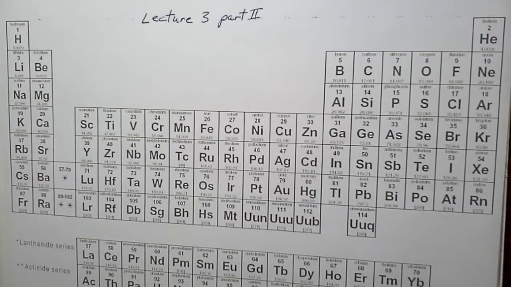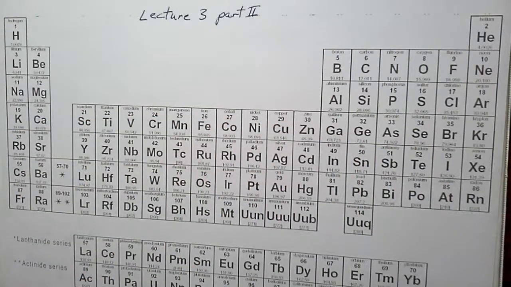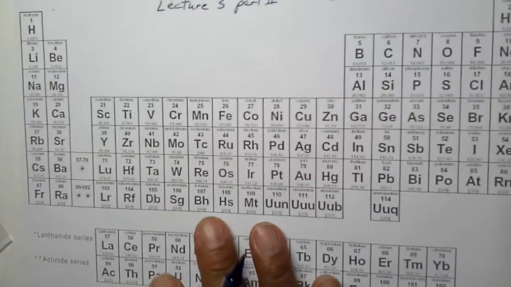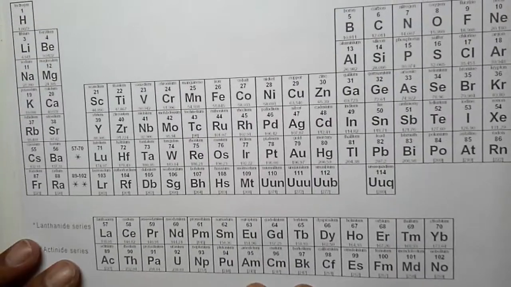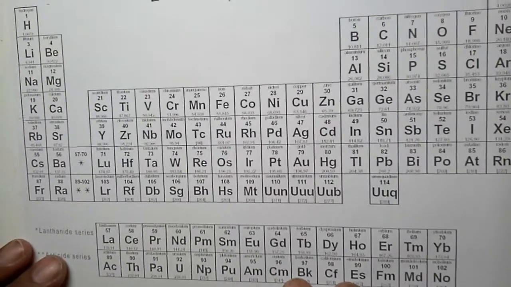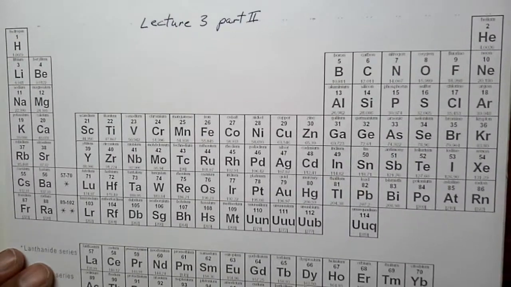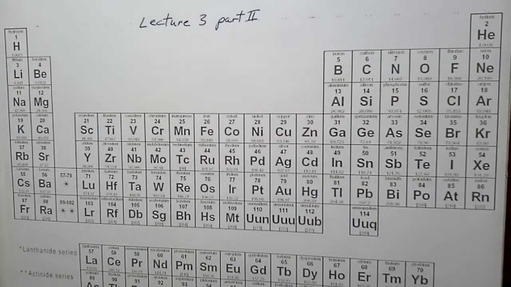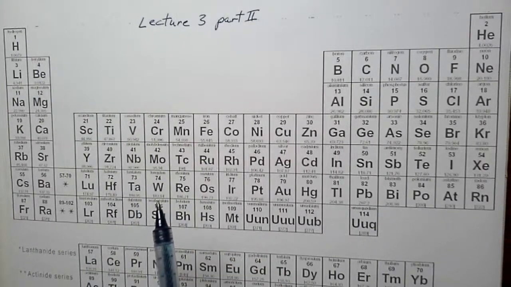But our main focus is on these elements here at the top. We're not going to worry about the lanthanide series or the actinide series in this basic general chemistry discussion, but we will talk about the different parts of this periodic table.